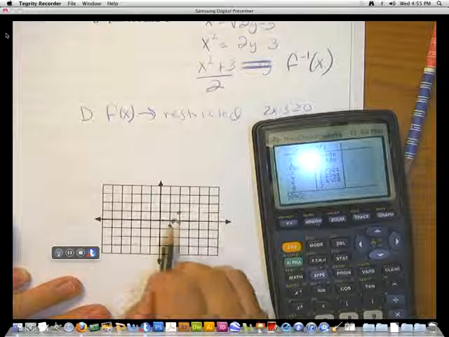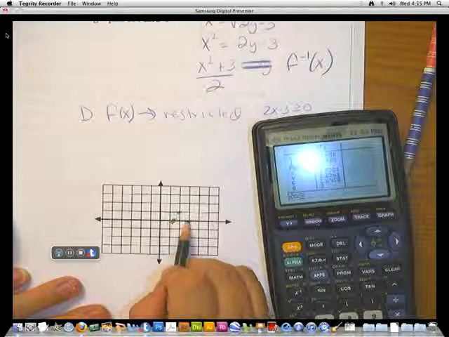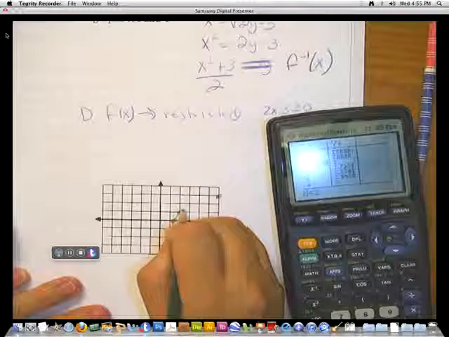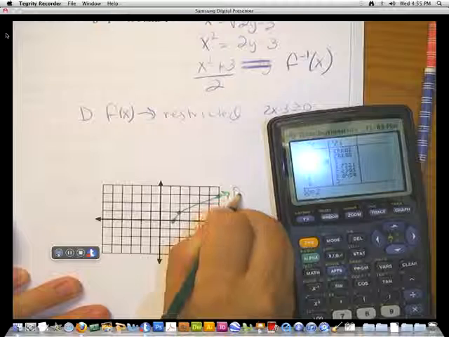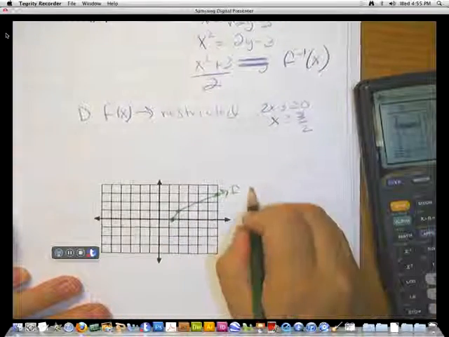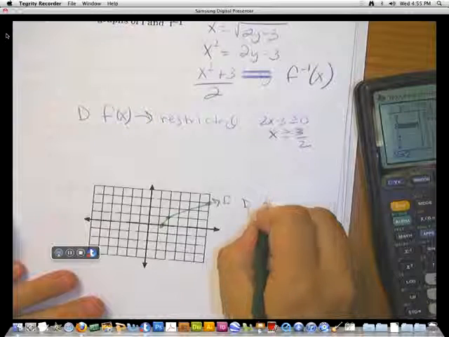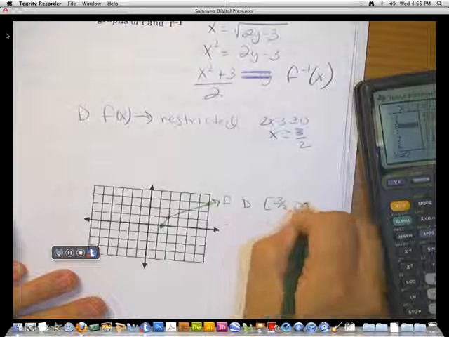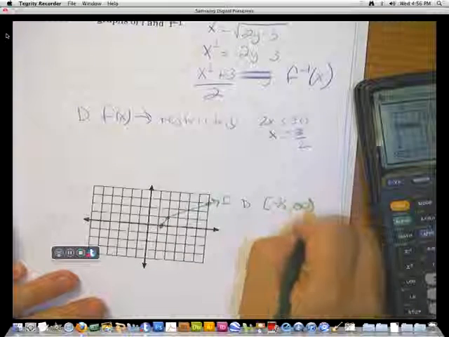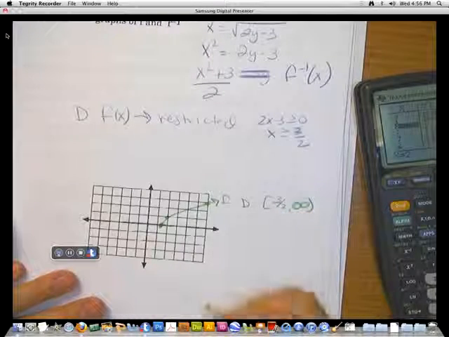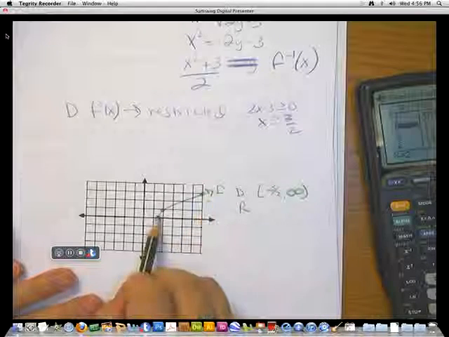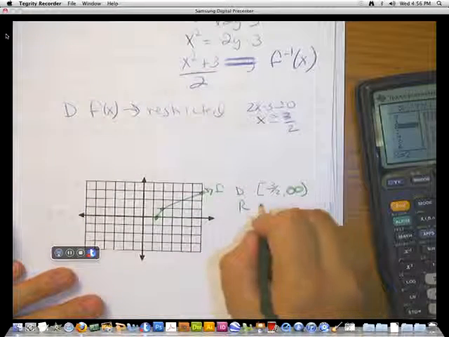The value of 6 gives me the value of 3. Okay, so there's my f equation. The domain was restricted from 3/2 to infinity. And if I look at the range of f, well, it starts at 0 and goes to infinity.